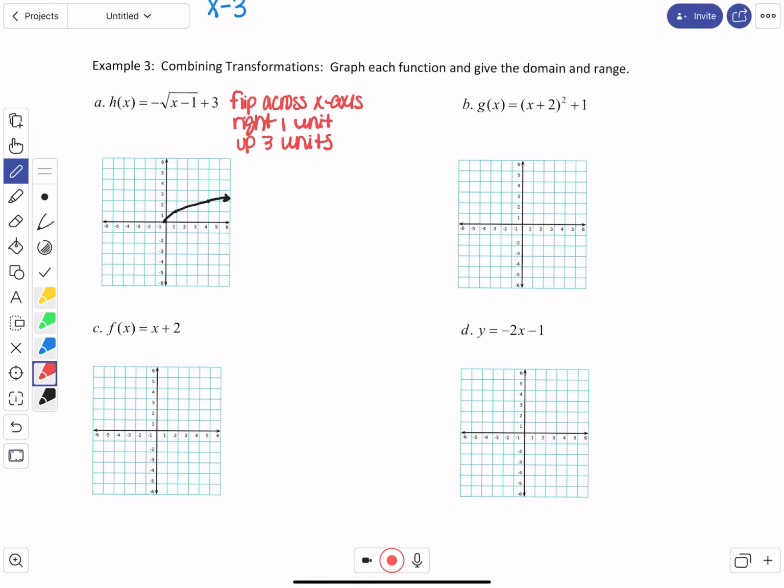Okay, so if I flip those points, then I'm going to go right 1 unit and up 3. So let's see here, right 1, up 3.